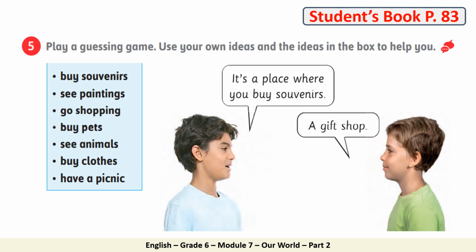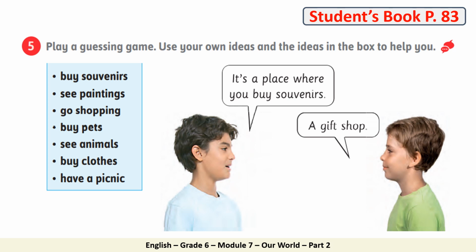How are we going to use these prompts? If you look on the right of the screen, you'll find these two boys chatting. The first one is giving him the riddle or the puzzle or the game. It's a place where you buy souvenirs. So we used buy souvenirs from the prompts on the left.